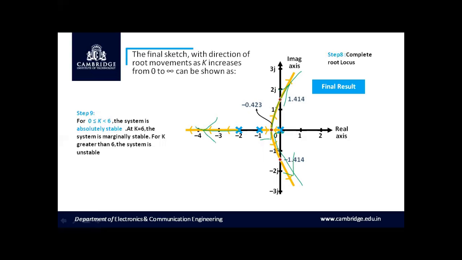As we had P minus Z asymptotes, 3 minus 0 asymptotes, we can see three branches reaching infinity, and these asymptotes are the ones guiding these branches.